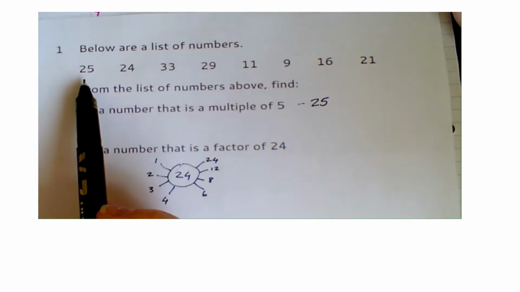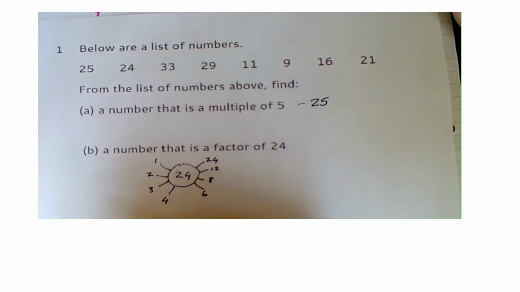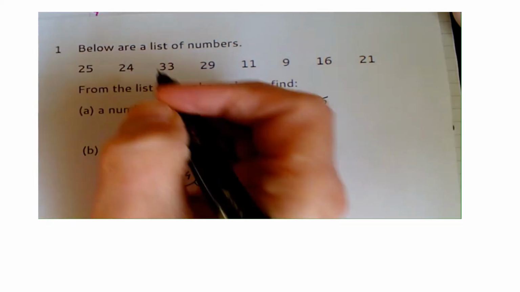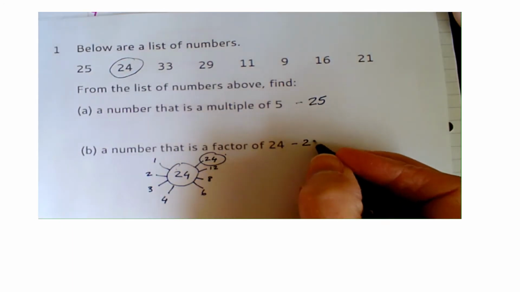So I then look at my numbers and I see which one is a factor of 24. And actually, the only factor of 24 that I can see is 24. So I would write 24.